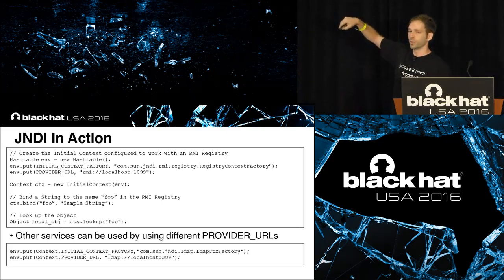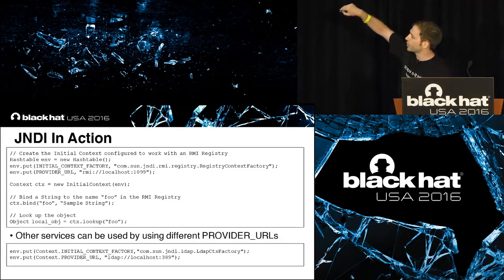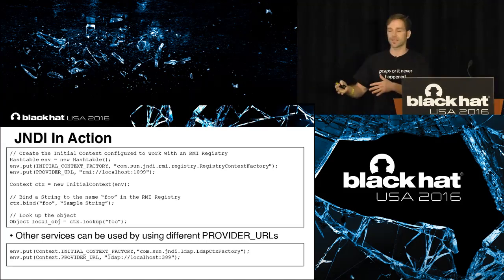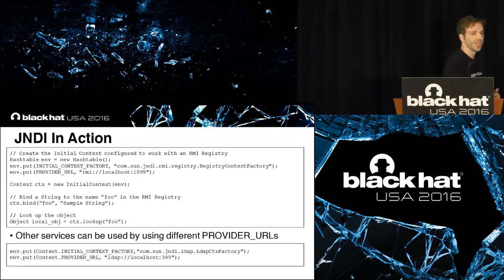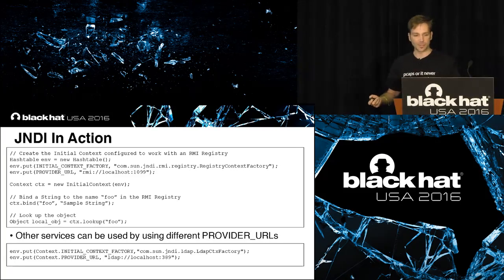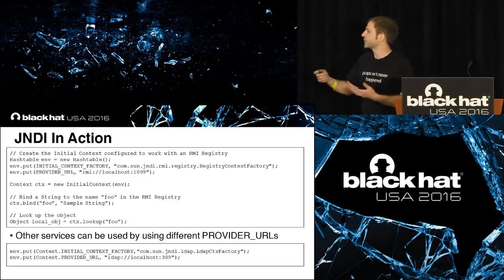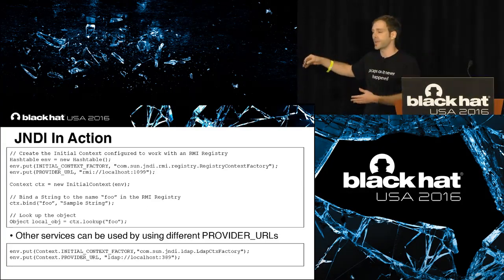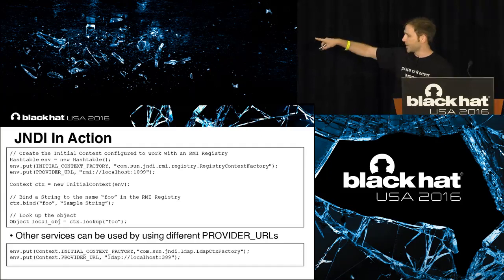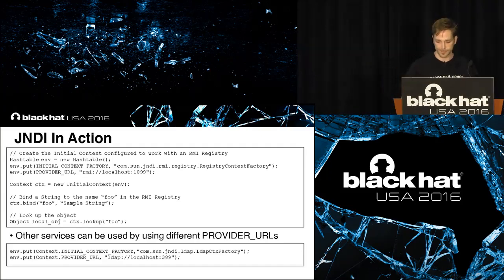Then we can initialize the JNDI initial context, and from that moment on, we can bind different names to objects and recover them using the lookup operation. We can do that from the very same JVM or from different JVMs. And as we said before, JNDI is not just for the RMI registry. You can use any provider type with any provider URL, like in this example down here, where we are using LDAP.